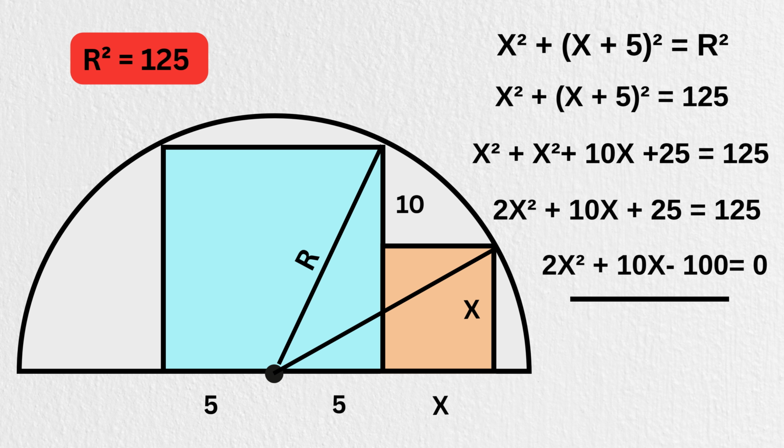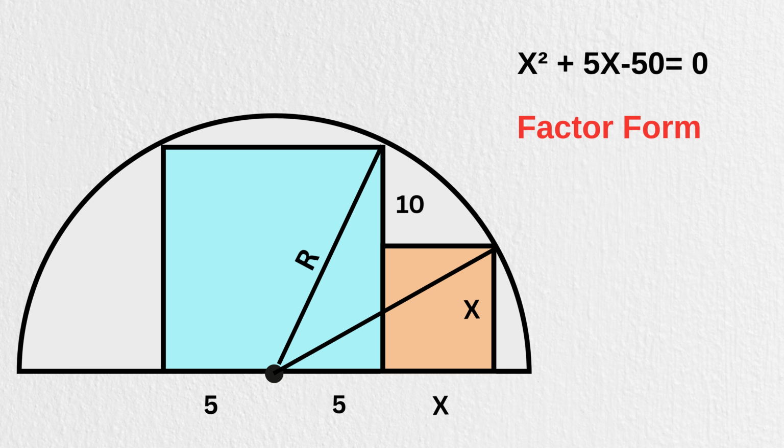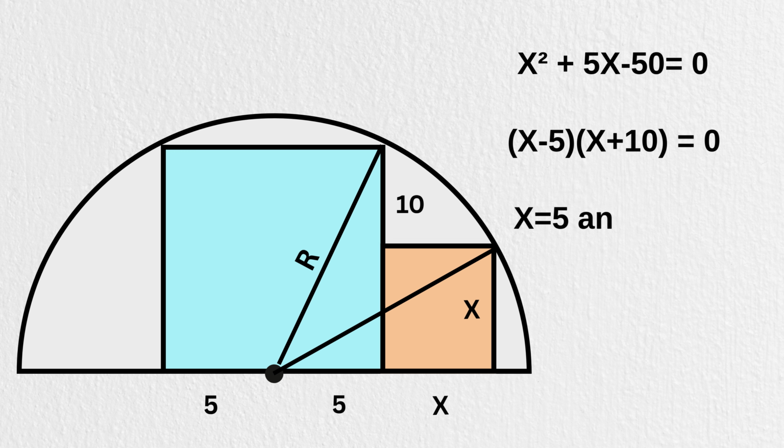Now, dividing the equation entirely by 2, we get x squared plus 5x minus 50 equals 0. We can solve this equation by factoring. We get two factors: (x minus 5) times (x plus 10) is equal to 0. This gives x is 5 and x is equal to minus 10.